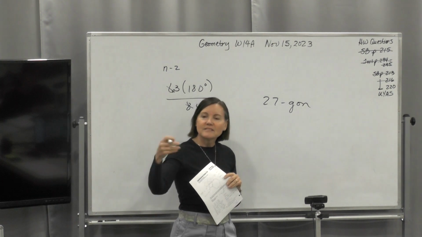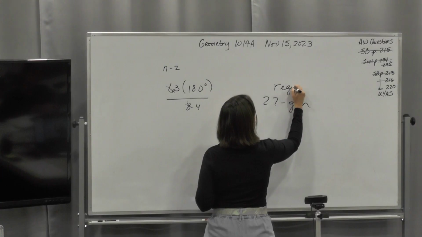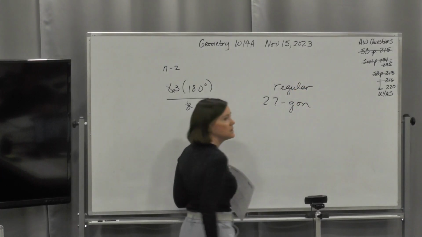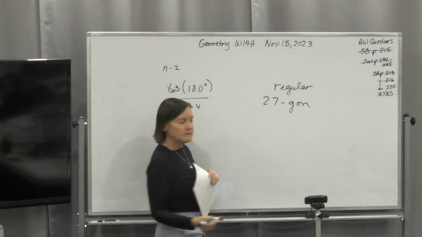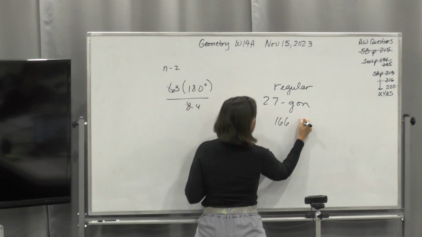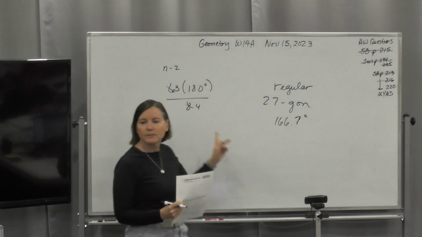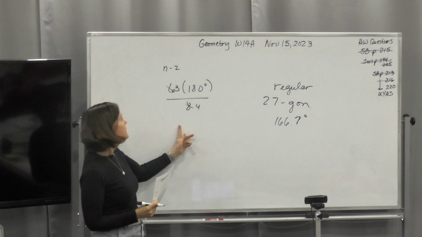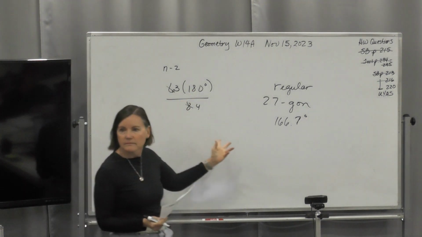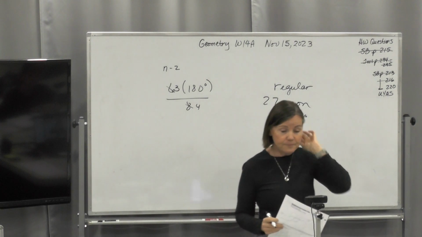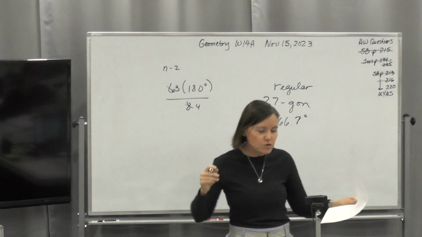Subtract that from 180, and by the way, this is if it's regular, otherwise you don't know what all the angles are. You get 166.7 degrees. That's easier than plugging into the formula, right? It's kind of nice remembering the 360, because it's true for everything.